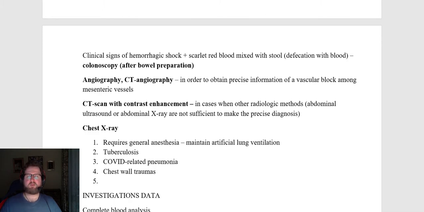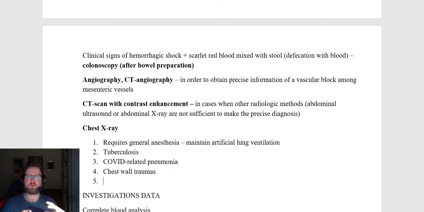Finally, it's not a very frequent case, but still, sometimes pneumonia located in the lower lobes of the lungs may spread. The inflammatory process may spread through the parietal pleura and through the diaphragm inside the abdominal cavity.